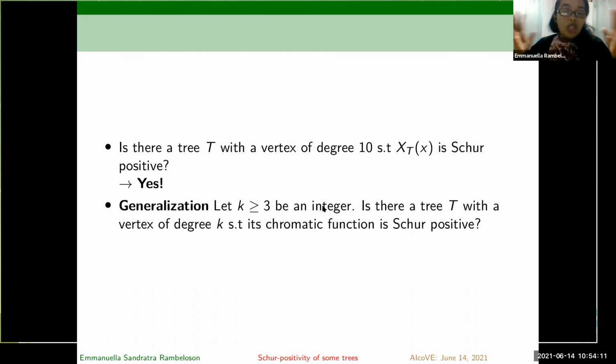More generally, we may ask, can we find a tree T with a vertex of degree k such that its chromatic symmetric function is Schur-positive? K here is larger than 3. In our opinion, this also is yes. However, this is still an open question.